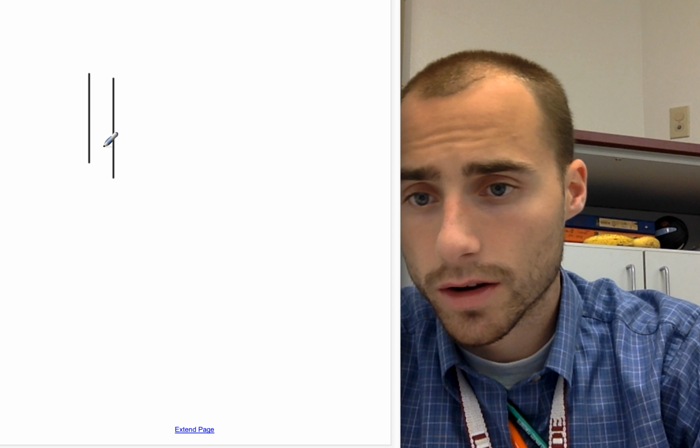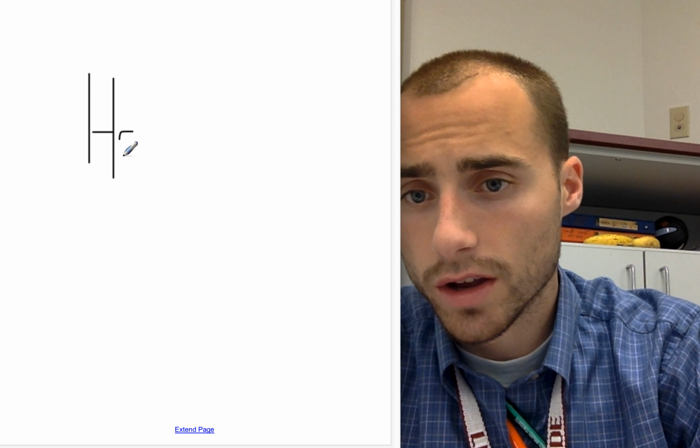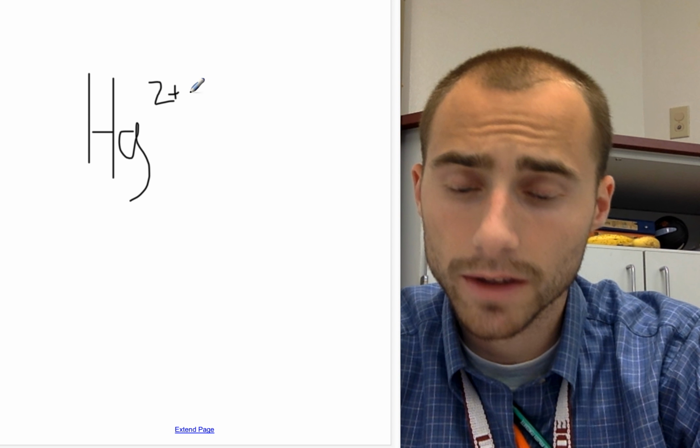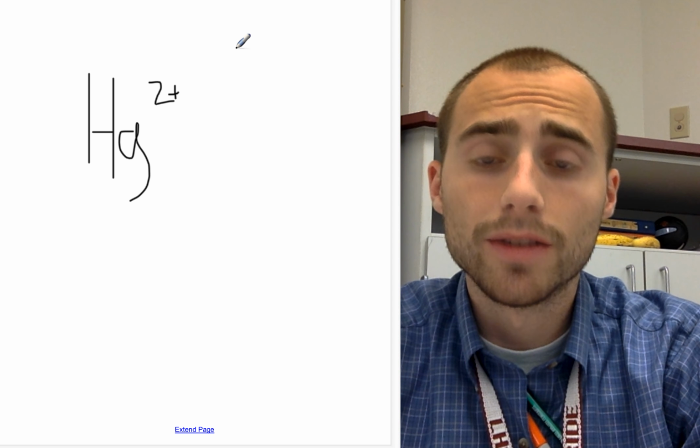Ions. If you have an ion, like Hg2+, this charge right here, if it is a positive charge, that means it's losing 2 electrons. So in Hg's situation, Hg will always have 80 protons. Always. That will never change.